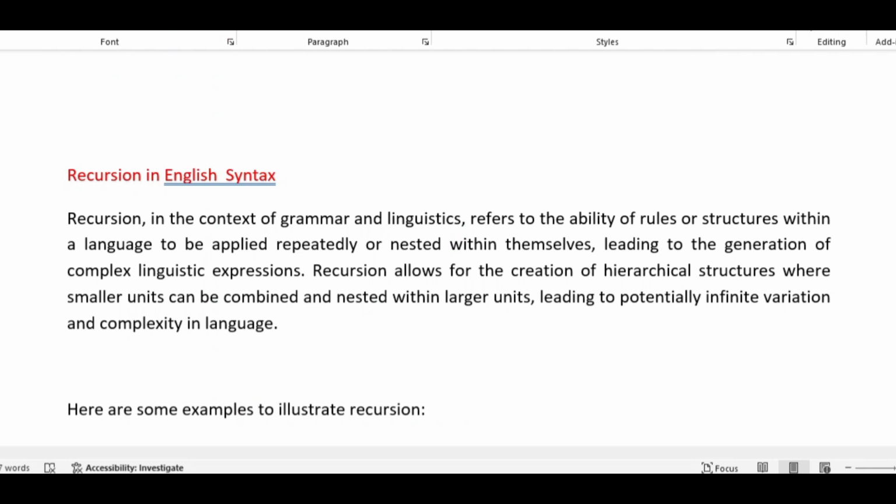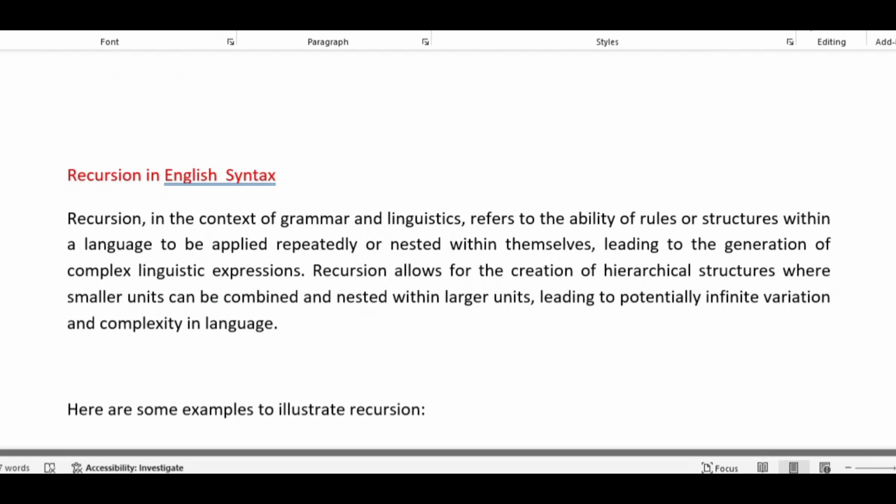For example, if we say on the window, then we can say on the window, near the door, in the room. Similar expressions can be used for the same thing. If we are talking about something, we can give other locations to talk about that thing. So this can be a recursion. We will see examples.